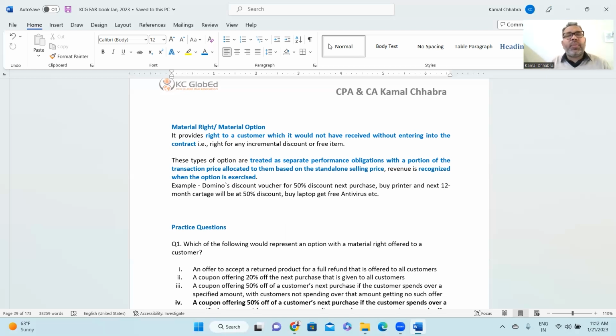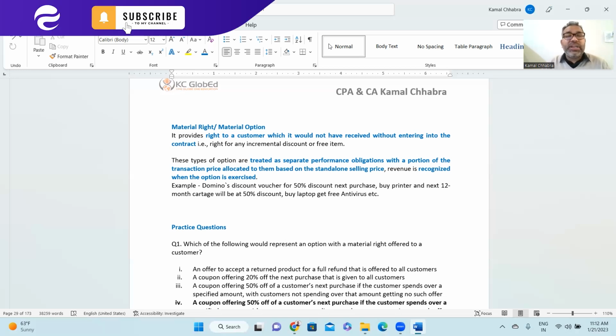If you have not purchased the car, and you directly went to purchase the extended warranty, let's assume they give you a 10% discount. How much is it? $9,000. Whereas now, as you have purchased the car, you are getting it at $5,000. That means you are getting an additional $4,000 discount, right?